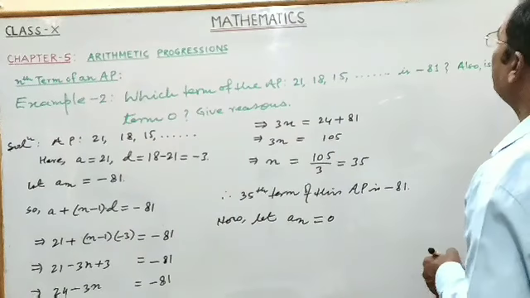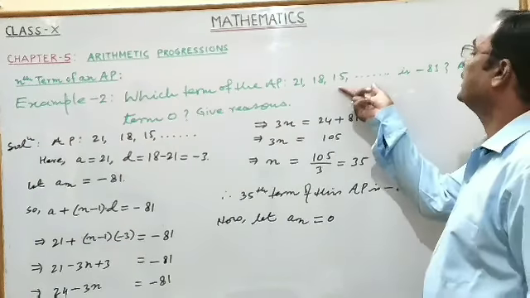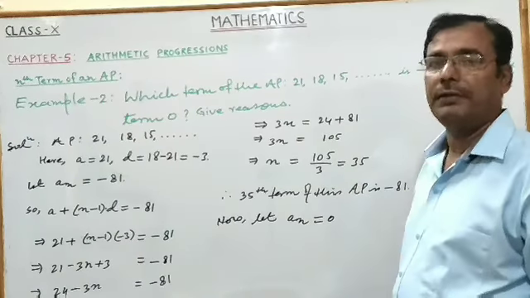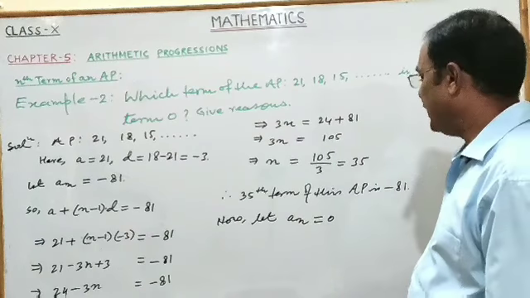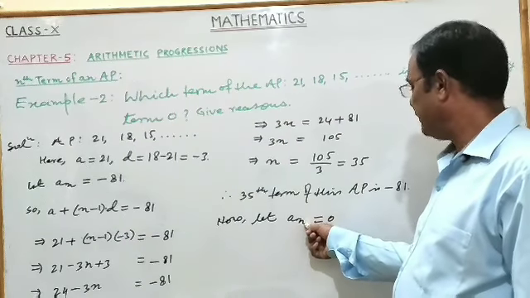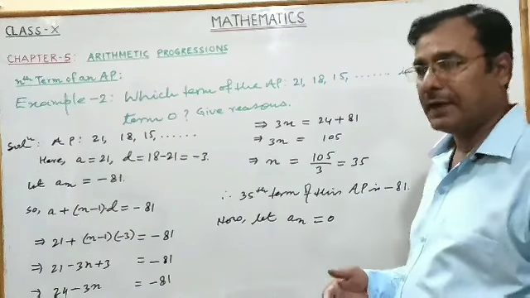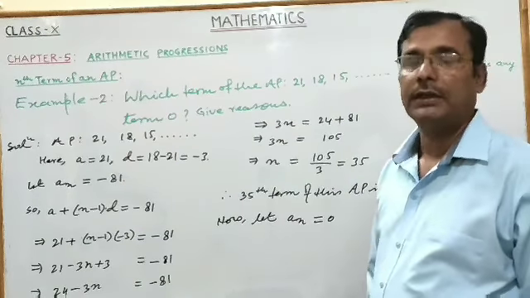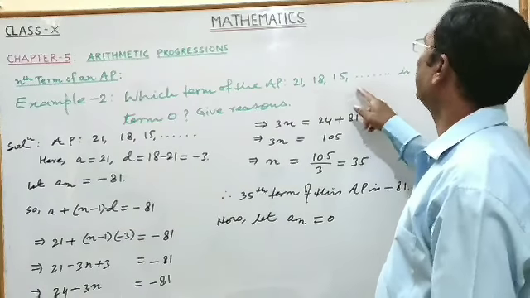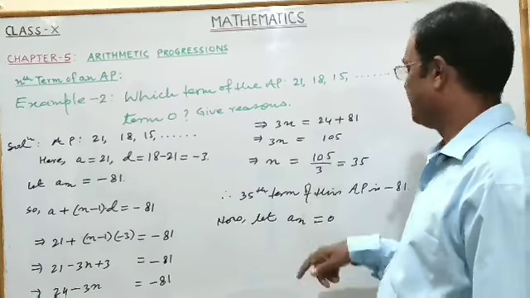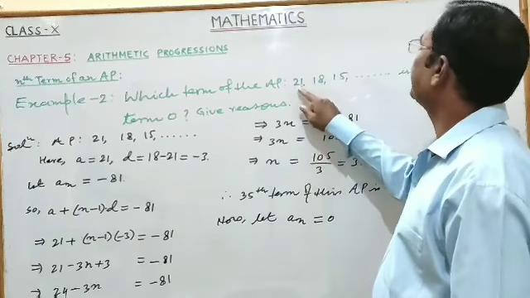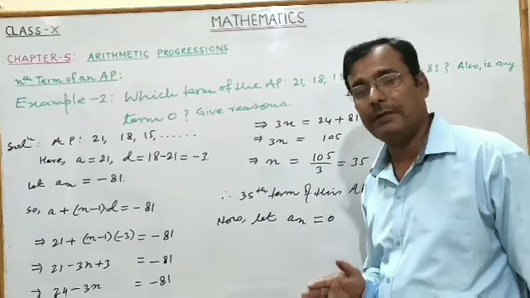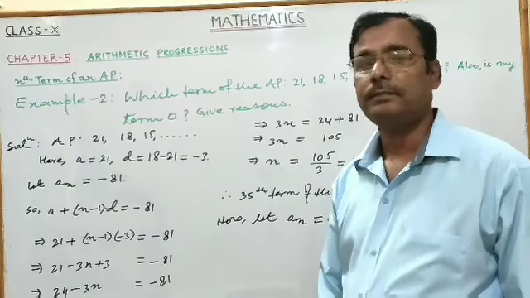If 0 is a term in this arithmetic progression, then we will get whole number value of n. If we find value of n in the form of any fraction or in the form of a rational number which is not a whole number, then 0 will not be a term in this arithmetic progression, because n denotes the position of terms in this arithmetic progression. Therefore, value of n has to be always a whole number.